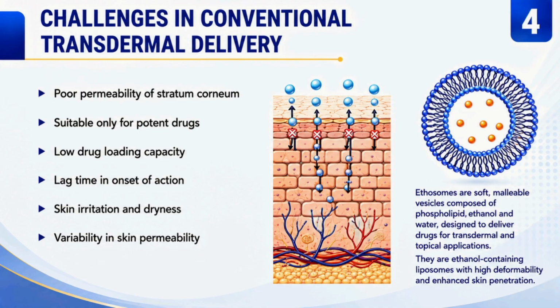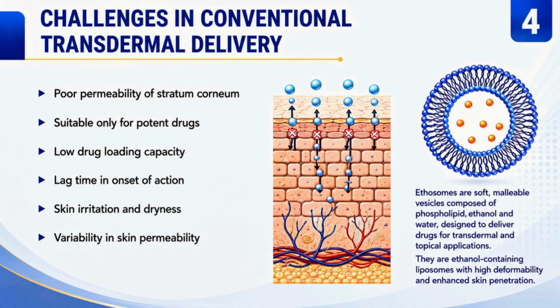It is composed primarily of dead keratinized cells called corneocytes embedded in an extracellular lipid matrix. This structure is often described using the brick and mortar model. The corneocytes act like bricks while the intercellular lipids behave like mortar.